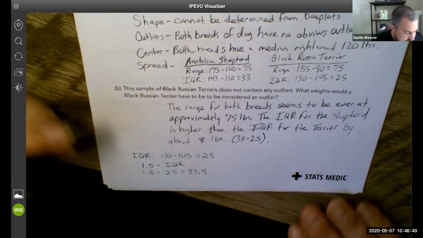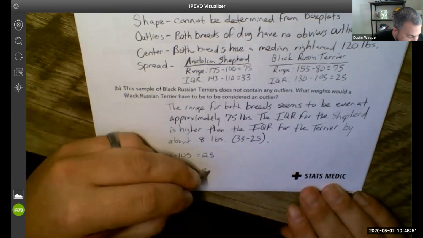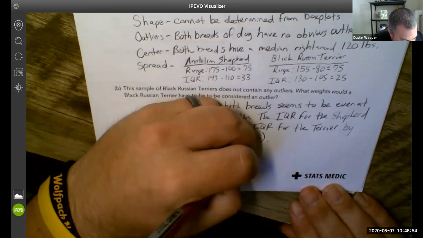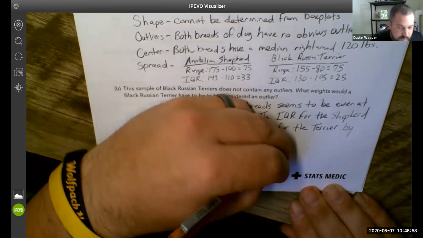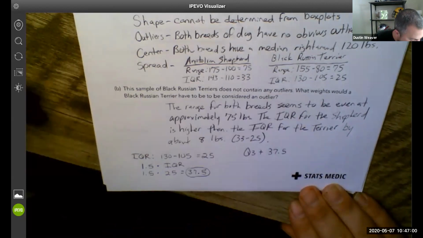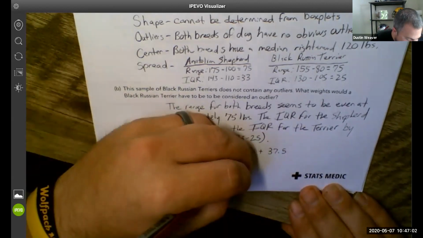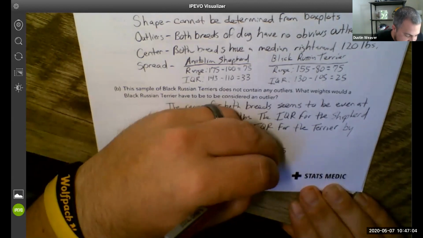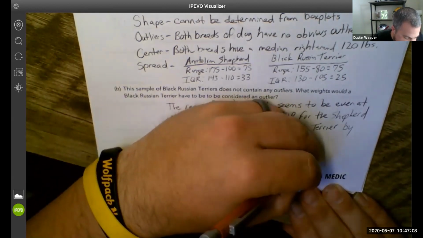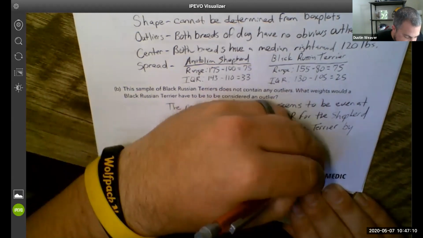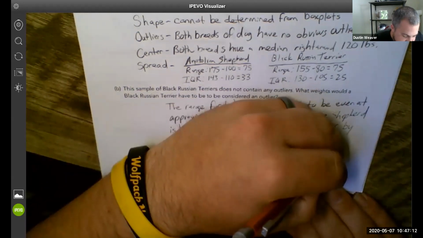That is 37.5. We're going to take that magic number, 37.5, and we're going to add it to Q3. And that's going to be our upper fence. So Q3 was 130. So 130 plus 37.5 equals 167.5. That's our upper fence.